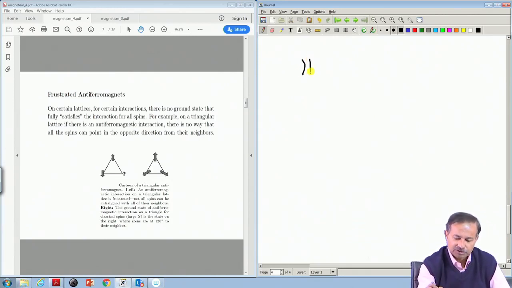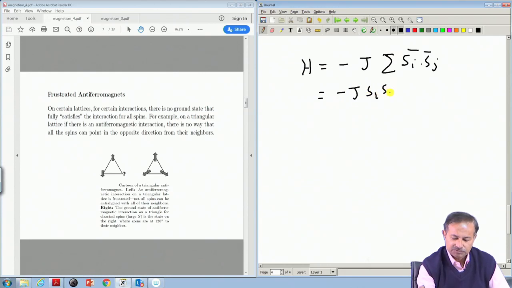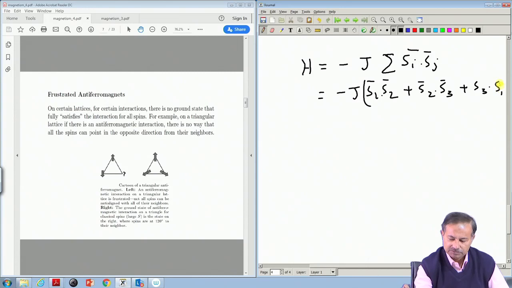So, my Hamiltonian is minus J Si dot Sj. So, here it is just minus J S1 S2 plus S2 S3 plus S3 S1.